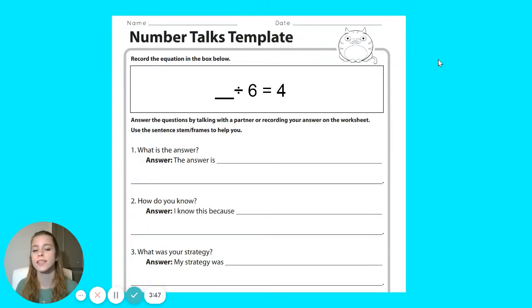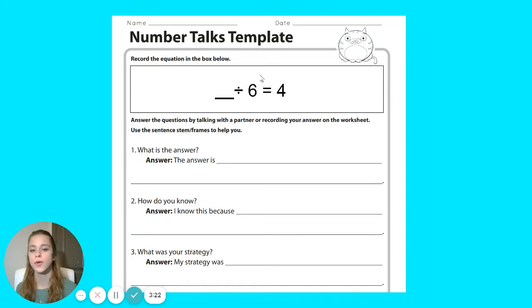Okay, and then we have a division problem that reads blank divided by 6 equals 4. So a little strategy that we can use when we are trying to find the missing number in a multiplication or division problem, especially division, is we can flip the operations. So since we have a division problem here and a big number is being divided into a smaller number, right?